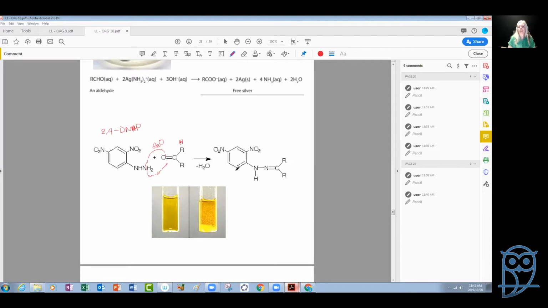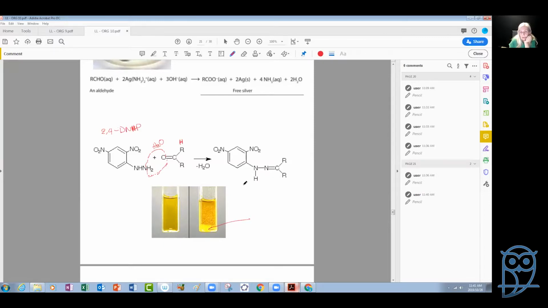Now, what we are going to observe in our test tube, if this is something with a carbonyl group that will react with 2,4-DNPH, there will be a precipitate formed here. I hope you can see this picture clearly.